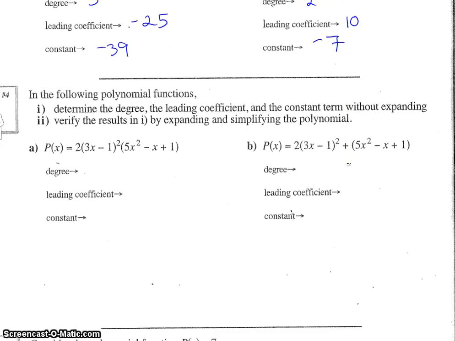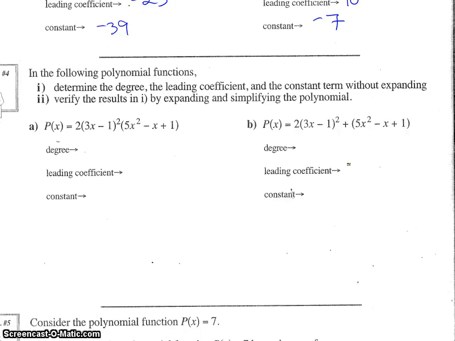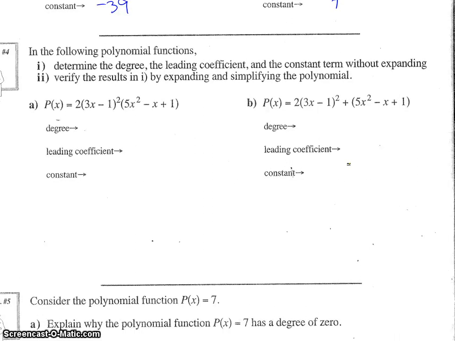In the following polynomial functions, determine the degree, the leading coefficient, and the constant term without expanding. And then verify the results in part I by expanding, which is a bit of work, and simplifying the polynomial. So without expanding, let's see. That 2 is not going to contribute to the degree. If we expanded 3x minus 1 squared, really the 3x would end up being squared, right?